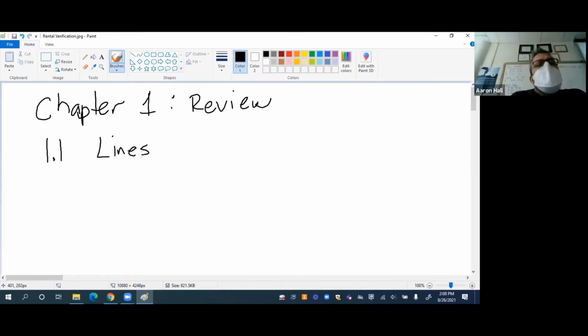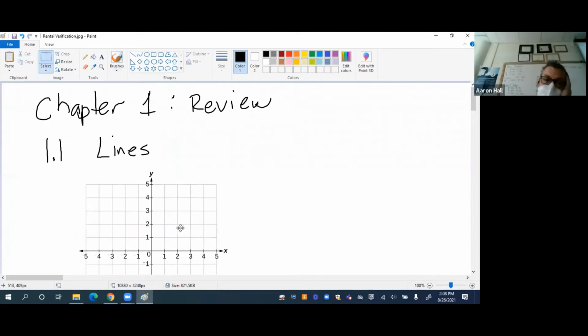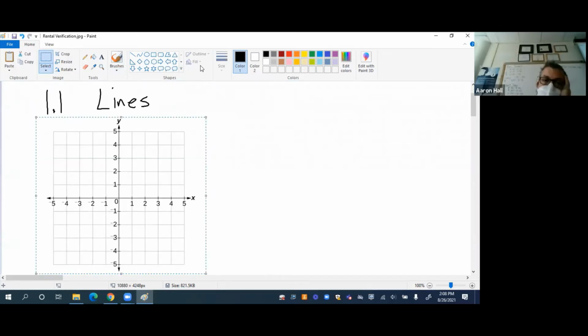What are the different equations you can use to represent a line? Let's say that we have some line like this.